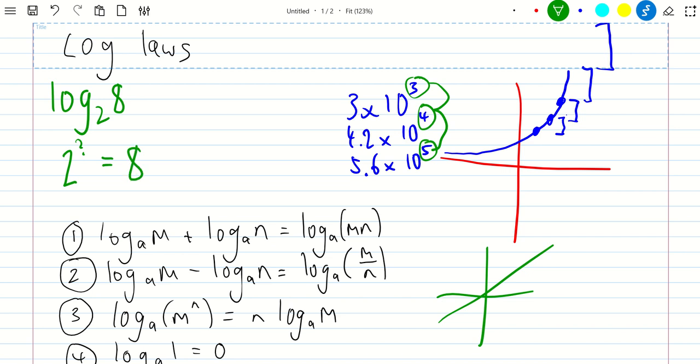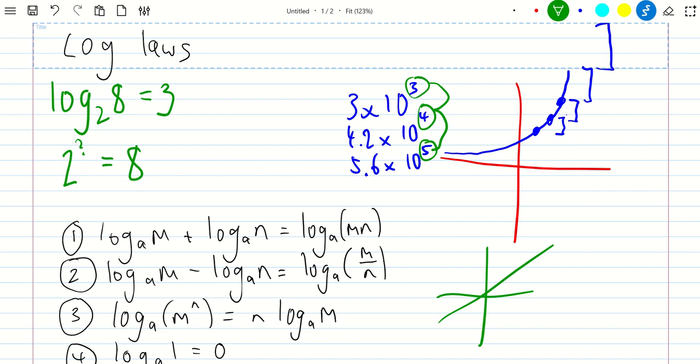It's asking you what power. So 2 is the base, 8 is the answer or the number that it will be equivalent to. And so you need to figure out what the power is. So 2 to the power what is equal to 8? 2 to the power 3 is equal to 8. And so that means log base 2 of 8 is equal to 3.